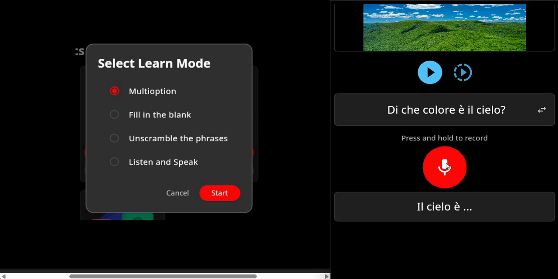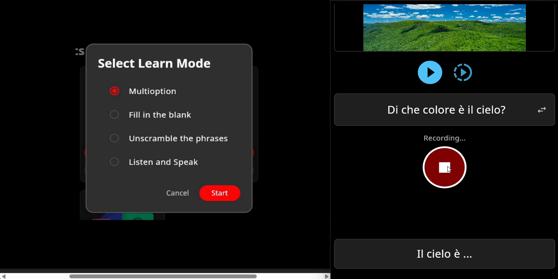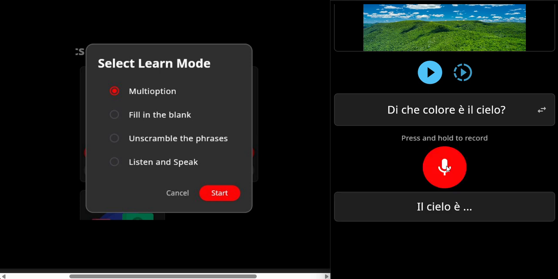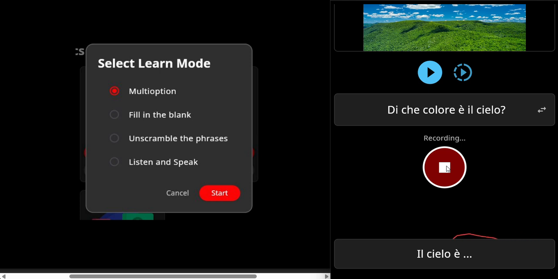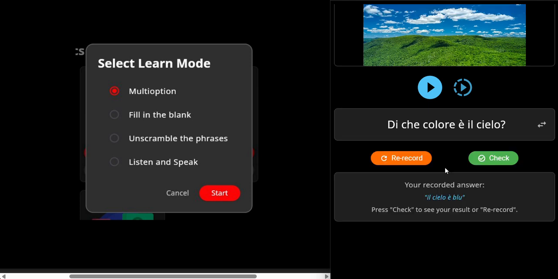We have to press and hold to record by pressing this button. We can say the missing word or the whole phrase. I'm going to show you both. Blu. Il cielo è blu. Yeah, for some reason when I just said blue, it didn't record it, but usually it works really well.